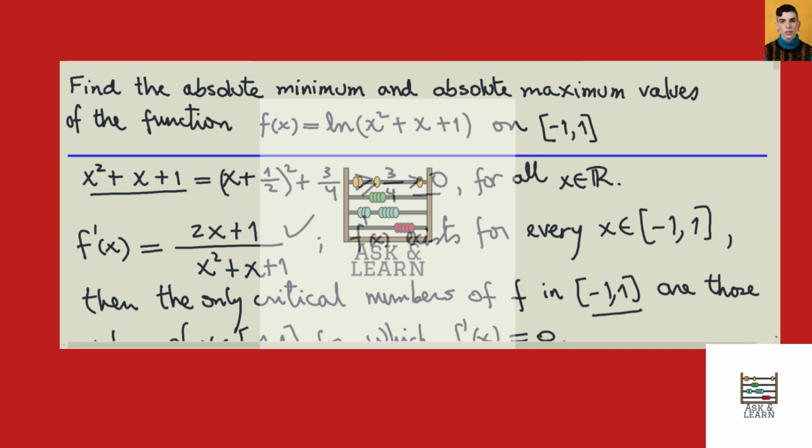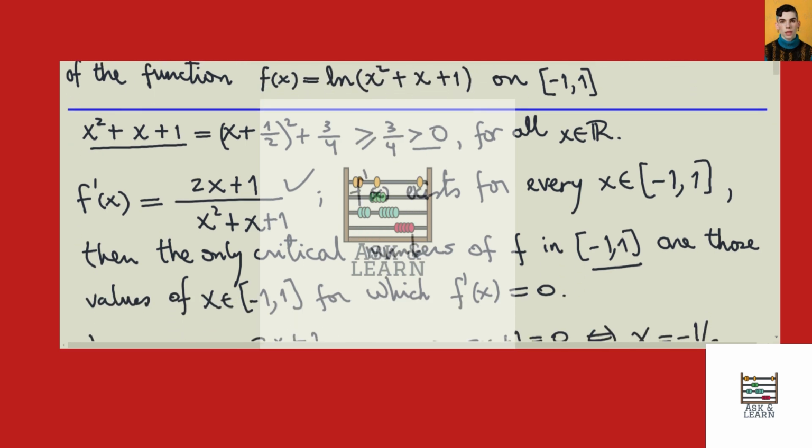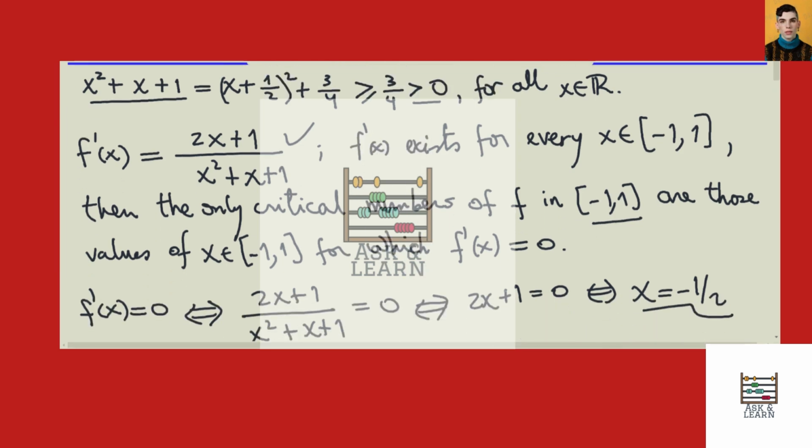Because the extreme values are attained at either the endpoints of the interval or at critical numbers of the function, we calculated the first derivative and solved the equation first derivative equals 0. We verified that the first derivative exists for every x in the interval -1, 1, and for that reason the only critical numbers are those values in the interval for which the first derivative is 0.